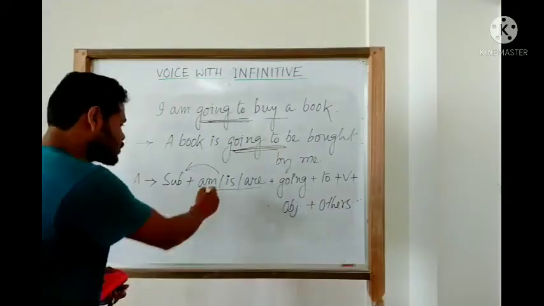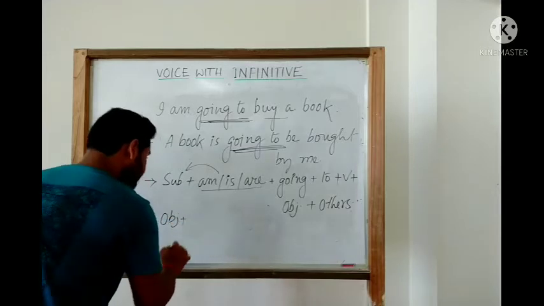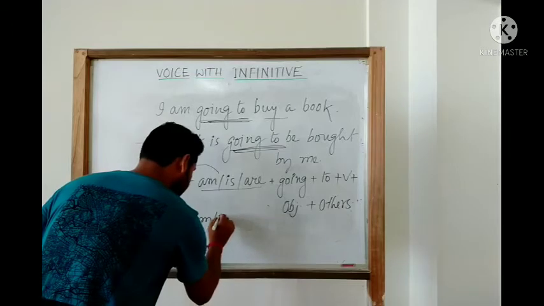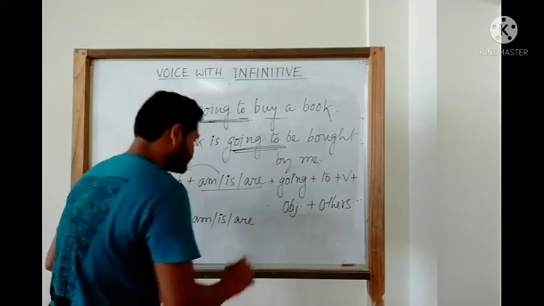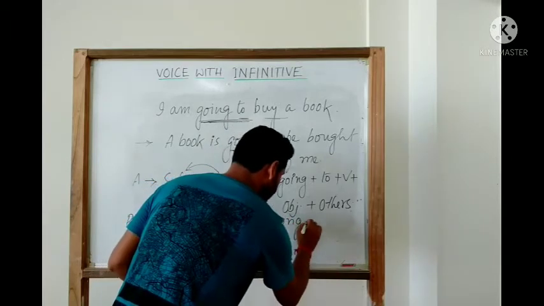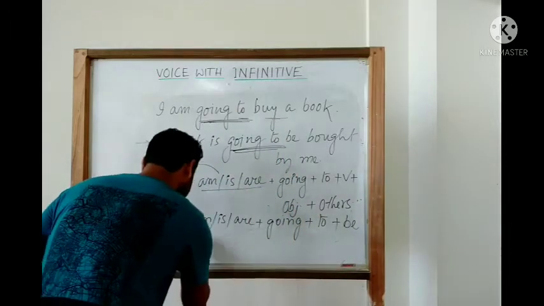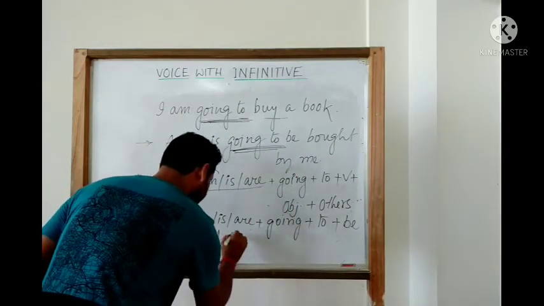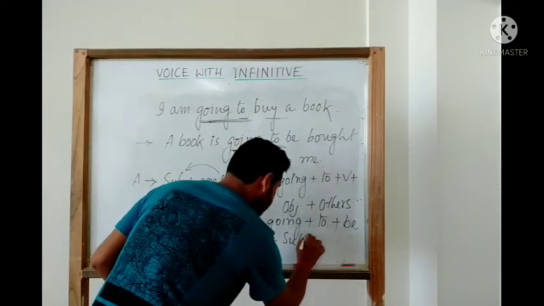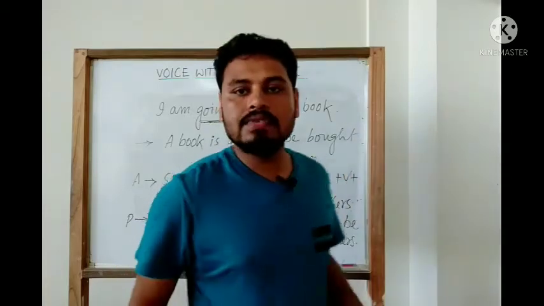If we try to form the passive one, it should be that object, okay, then am, is, are, plus going, plus to, plus be, plus third word, plus by, plus subject, plus others if it is there.